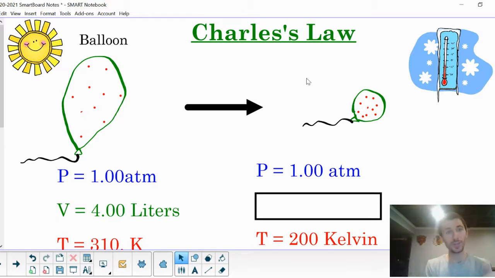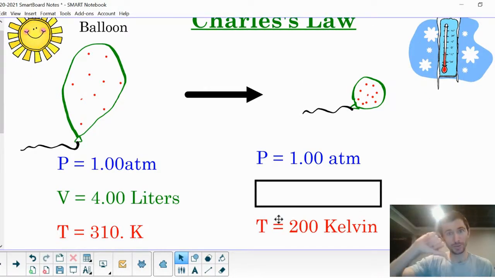The volume of the balloon can change because it's made of material that can change. But the temperature of a cold environment is much lower, so particles move slower. If you look at the picture, they actually get closer together.